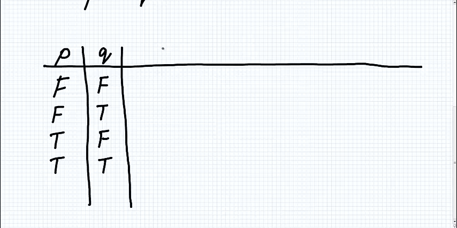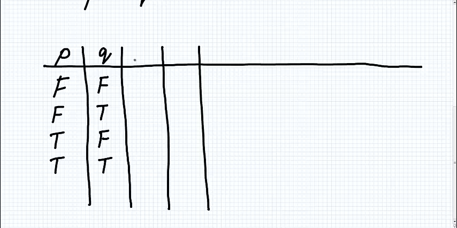Let's also create some extra columns in our truth table. So I'm going to create 2 more here. One for not P and one for not Q. Okay, let's populate these columns then with the correct truth values.